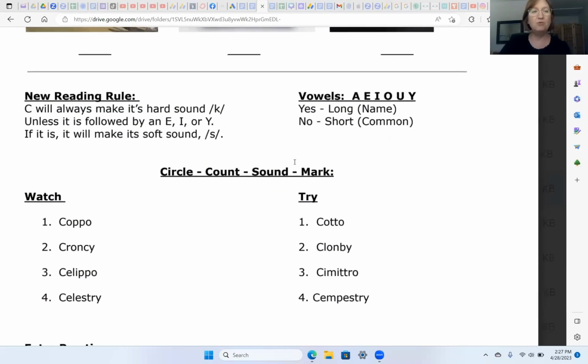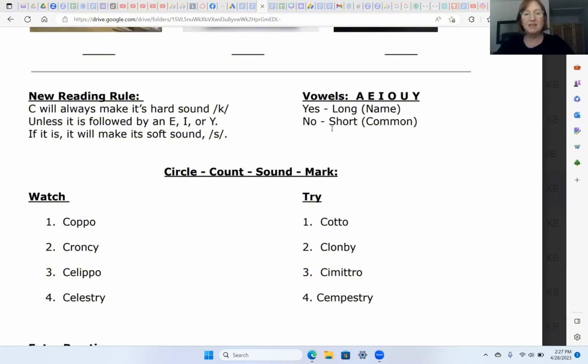Coming down to our new rule for the day. So C has 2 sounds. Its hard sound is made with the back of your tongue kicking against the back of your mouth or the top of your throat. And it will sound like the start of our phonemic awareness warm-up.